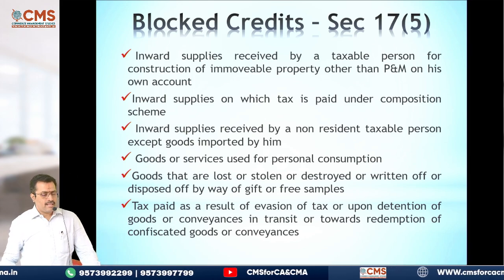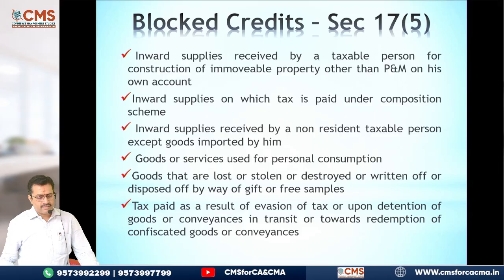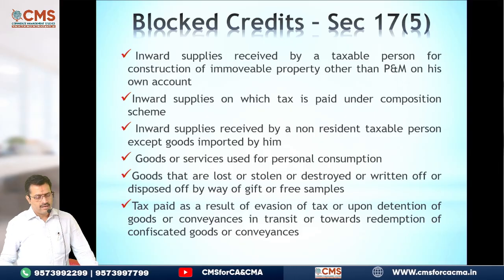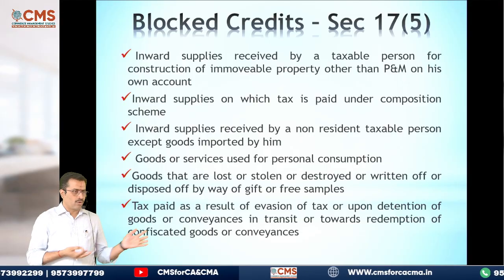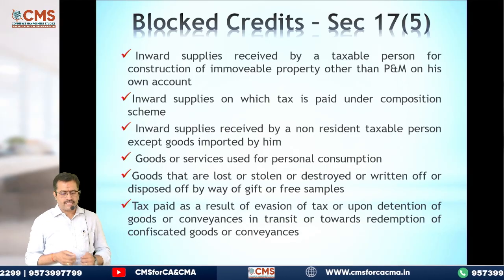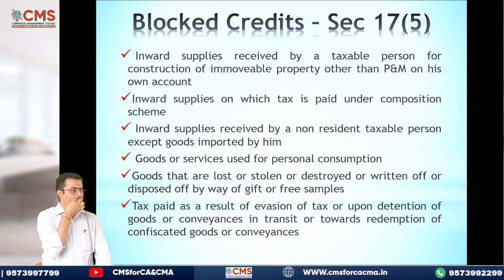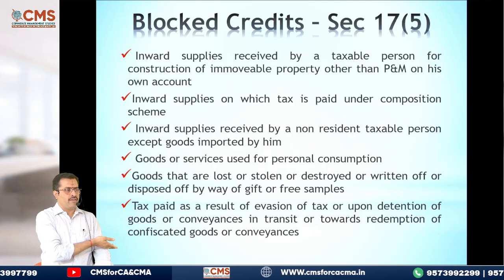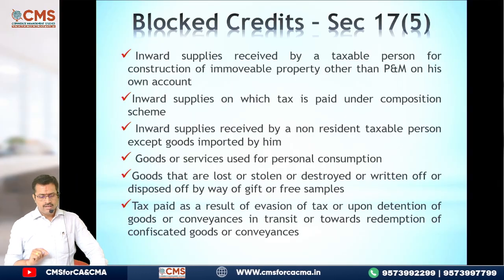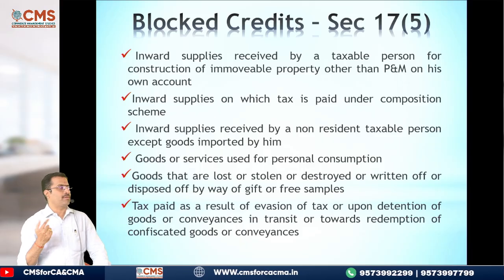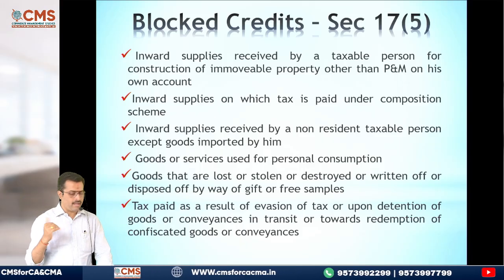Inward supply received by a taxable person for construction of immovable property other than plant and machinery on his own account. That is what we saw just now also. Next, inward supplies on which tax is paid under composition scheme. We already did one problem just now. It is not available. Next, inward supplies received by a non-resident taxable person, except when goods are imported by him.